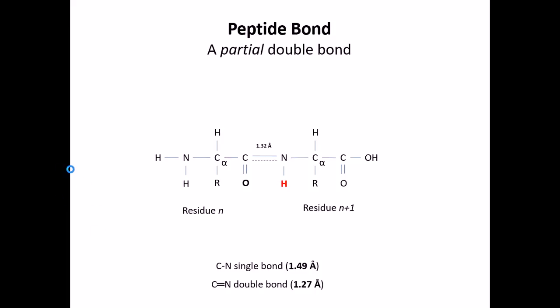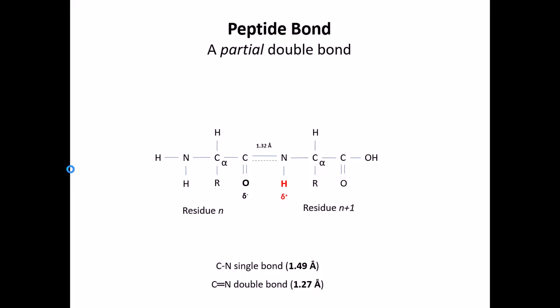This is why this particular bond is considered to be a partial double bond, that is, partly single and partly double. Here, a thing to notice is how this particular bond became a partial double bond. What does it mean? As you can see, the carbon and nitrogen are connected to an oxygen and hydrogen group respectively, which tend to have a partial negative and a partial positive charge.